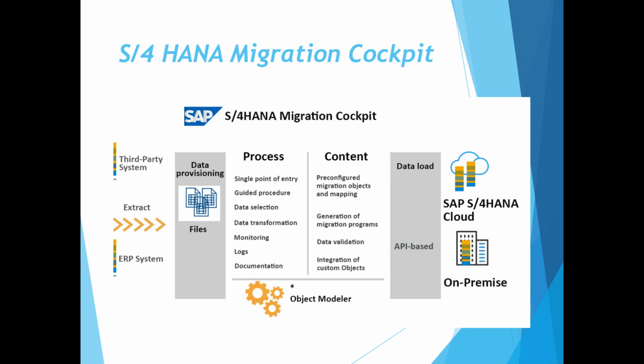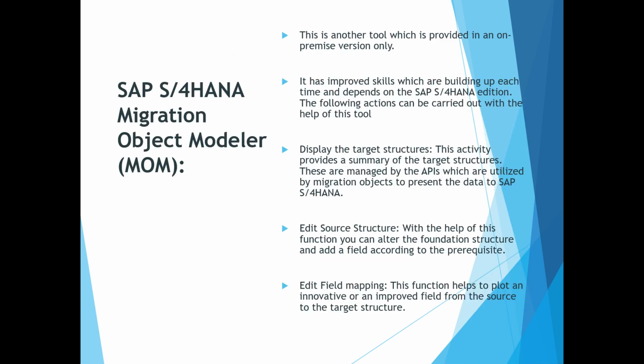So we have to use different mechanisms or different tools to extract the data and do a data provision to the migration cockpit tool, which can process the data and load it into S4HANA cloud or on-premise systems.